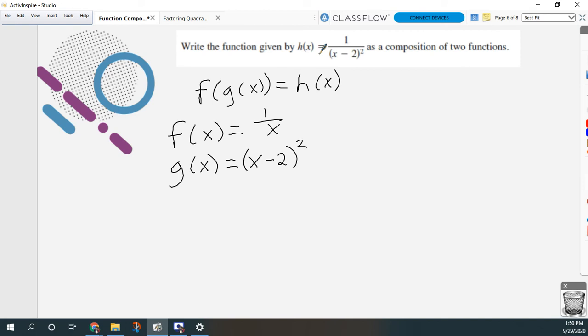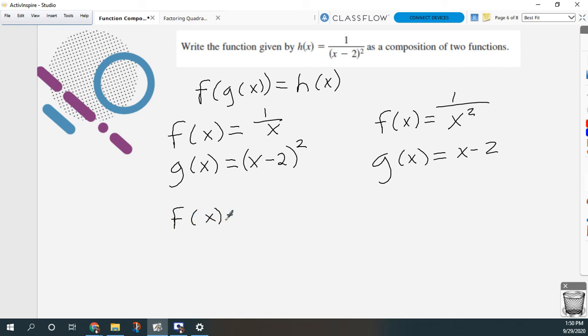So notice that we could also do f of x equals 1 divided by x squared, which means that we could let g of x just be x minus 2. Also realize, some of us might have noticed, if we just let either one of these be our identity function, that is always going to work.